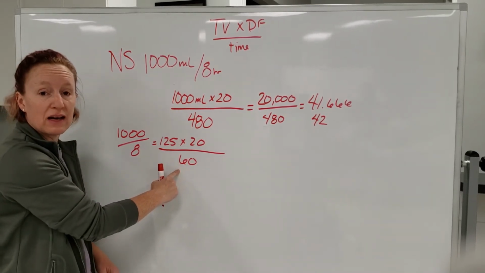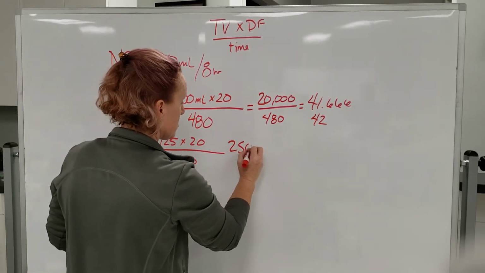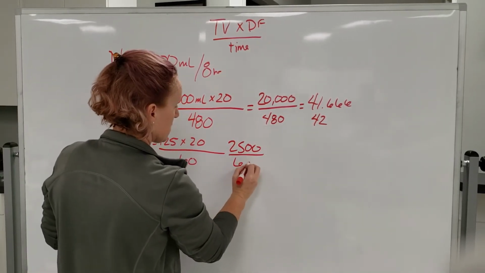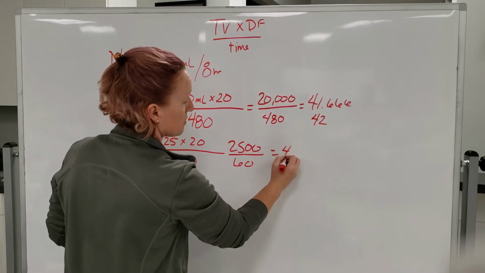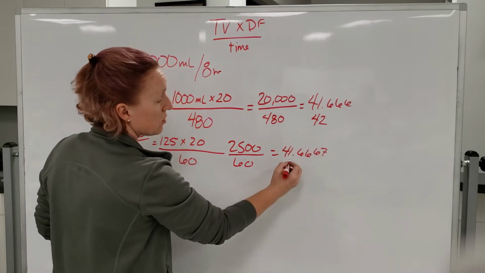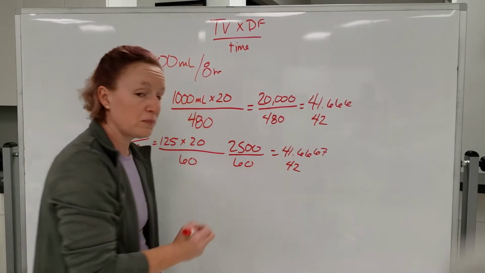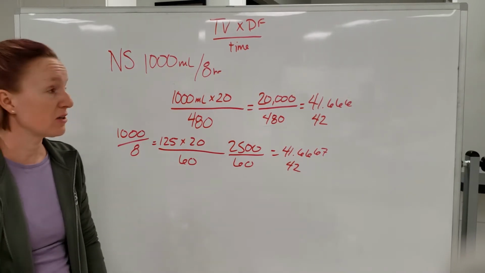And that ends up being 2,500 over 60, which exactly equals the same thing, 41.6667, something like that. Again, you can't give a partial drip, so you're going to round up to 42. So that's how we calculate drip factor.